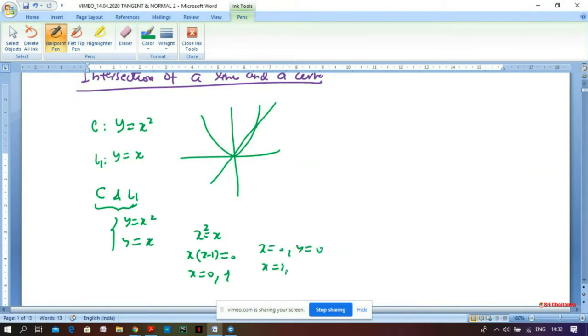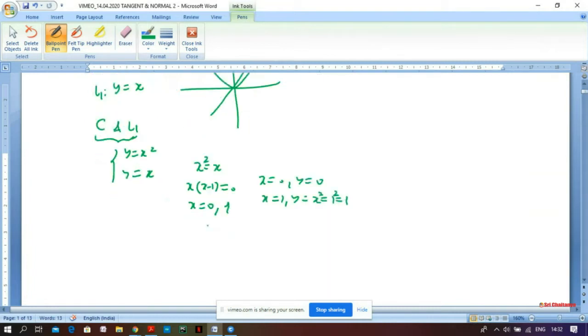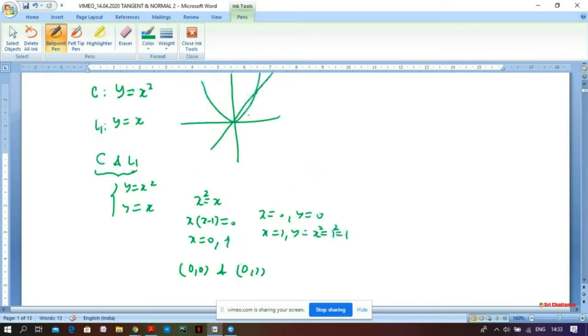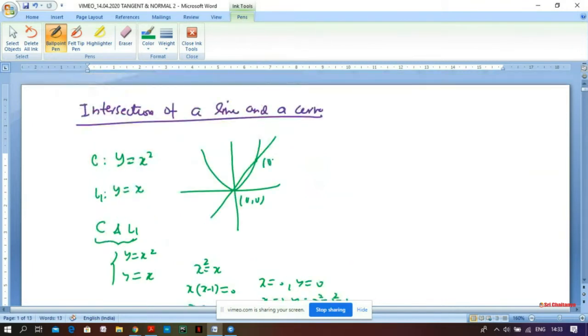And when x is 1, y is x squared, that is 1 squared, that is 1. So the line L1 and the curve C intersect at 2 points, (0, 0) and (1, 1).